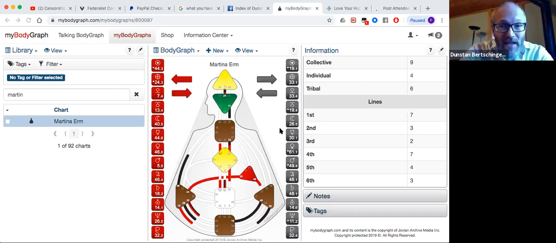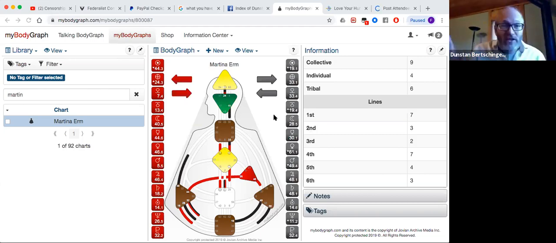What this means is that you have a lot of definition in your chart. The thing that makes a projector is 2 things. One, we do not have the sacral colored in. The white square down at the bottom is the center where you have that openness, that capacity to take other people in and project and amplify that. So you have the sacral undefined because all of us projectors have the sacral undefined.